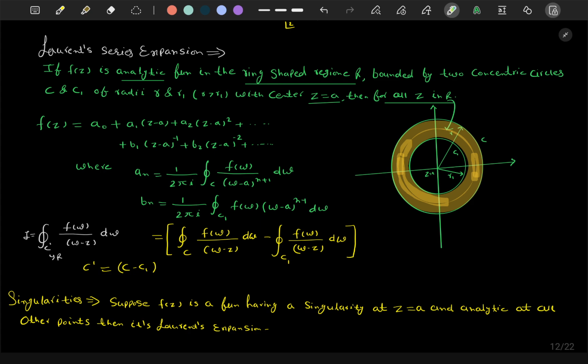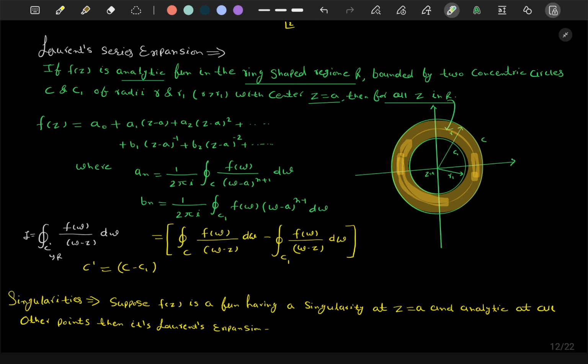Now, if f(z) is an analytic function in the ring shaped region R bounded by two concentric circles C1 and C2 of radii r and R1 with center z equal to a, and for all z in R. So what is Laurent series expansion? The function must be analytic.